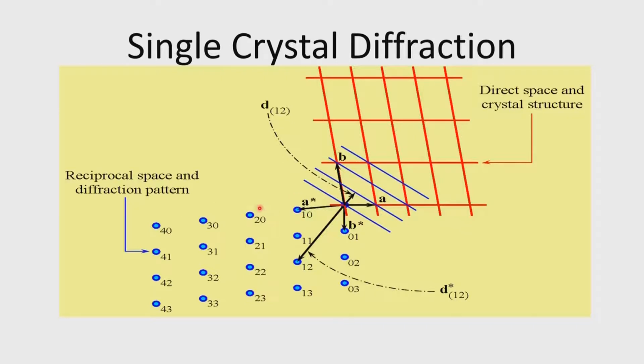So, when you put a crystal in the X-ray beam and diffraction occurs, you will get spots depending upon the quality of the single crystal, and these particular spots will tell us the points of the reciprocal space lattice. So, this therefore defines the reciprocal lattice.